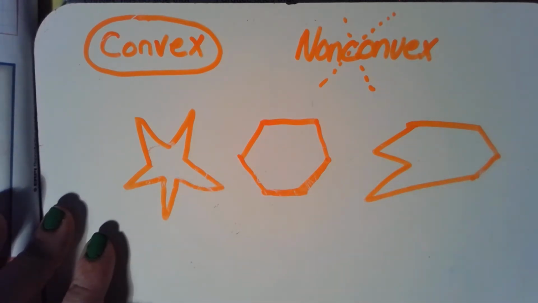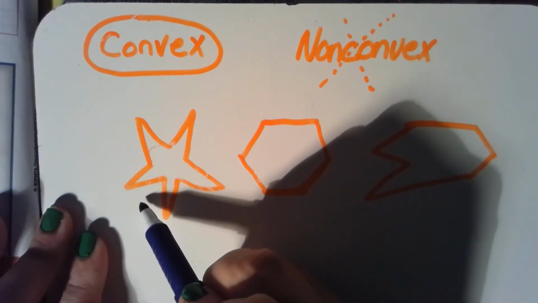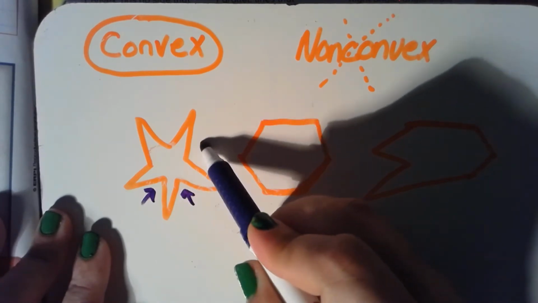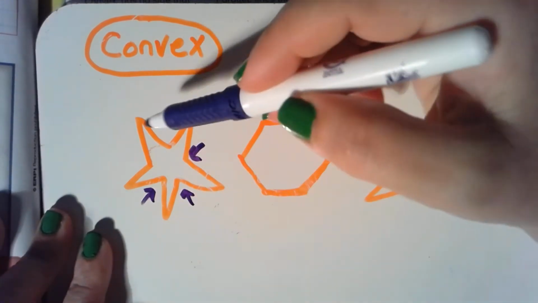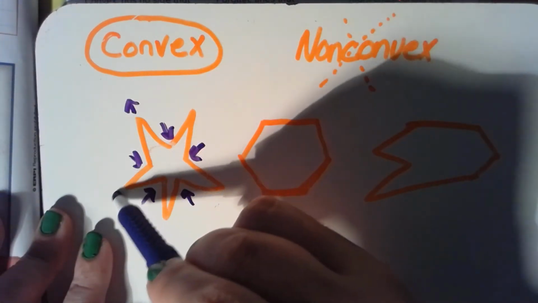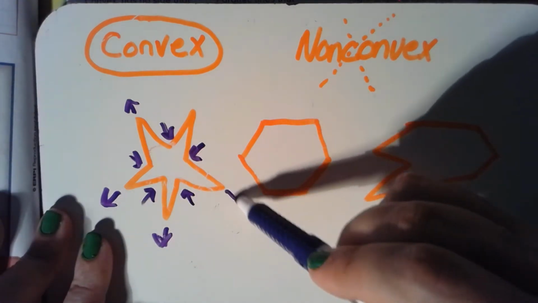So let's look at the first shape. It looks like a star. So I'm looking at the points, the vertices, and where the 2 lines meet, and I see some that are going outward and some that are going inwards. Their direction, right?